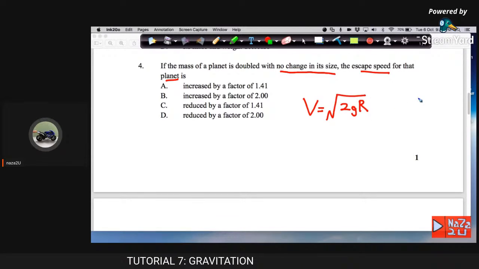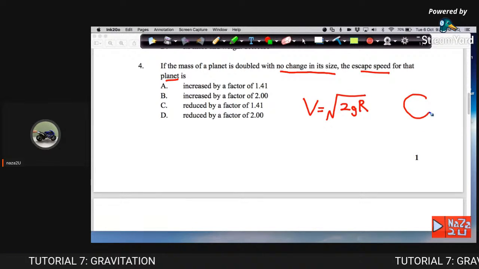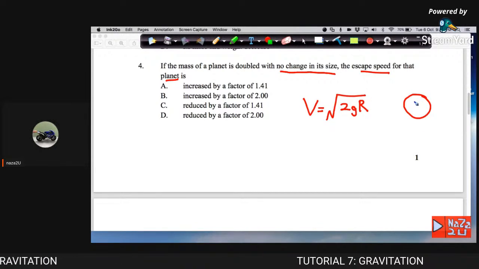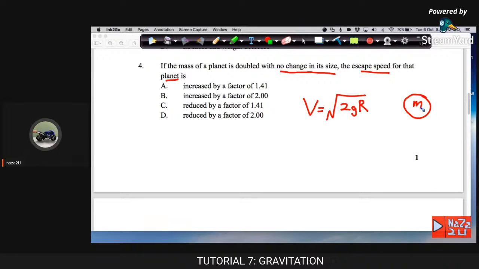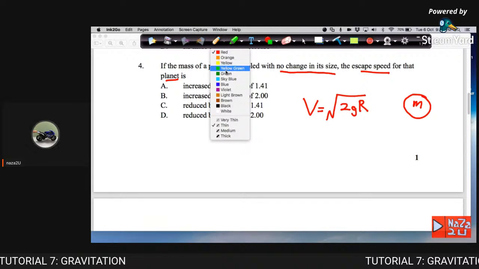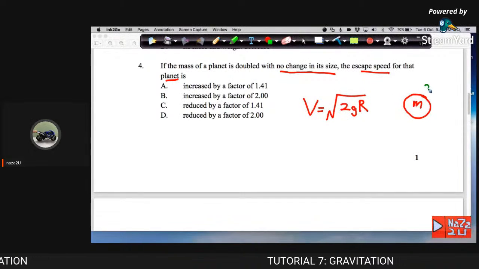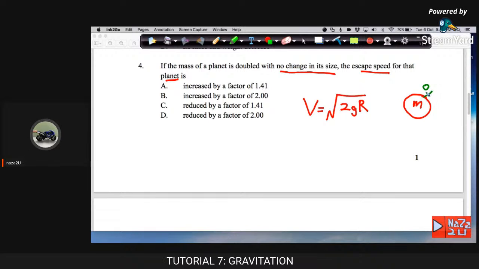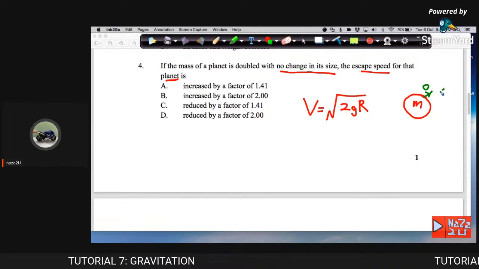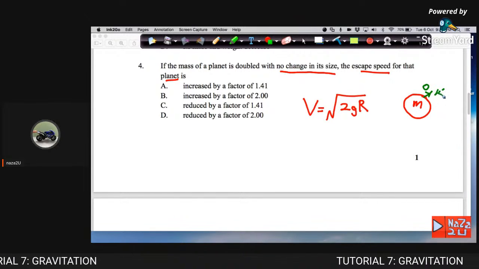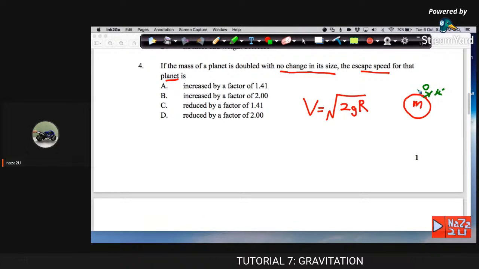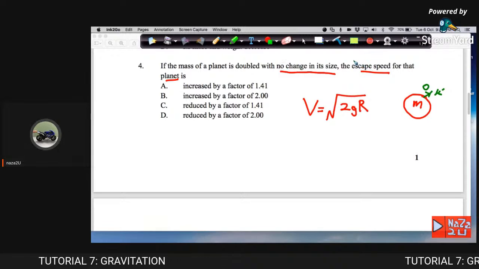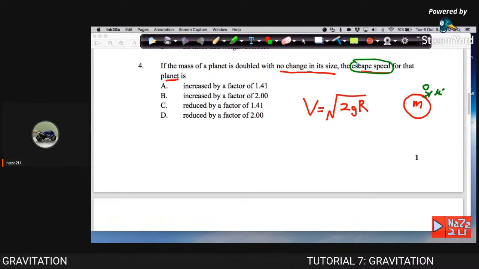So meaning here, katalah kita ada satu permukaan bumi. Bumi itu ada mass ya. Untuk kita ambil satu jasad, kita nak lontarkan dia keluar daripada permukaan bumi dan jasad ini tidak boleh kembali ke bumi lagi. So kita rujuk kepada v yang kita kenakan ke atas jasad ini adalah escape speed atau escape velocity.